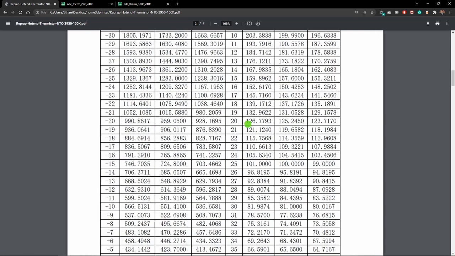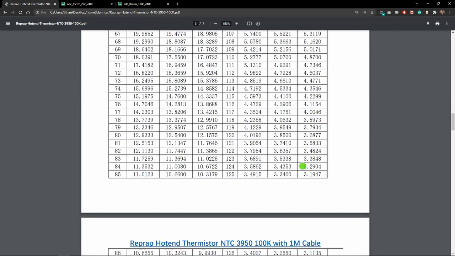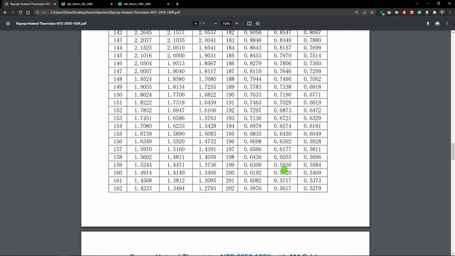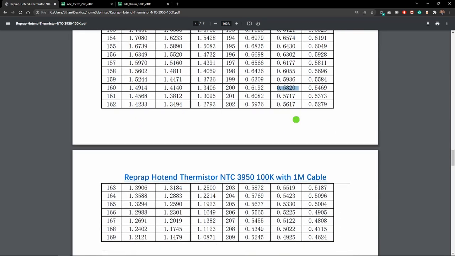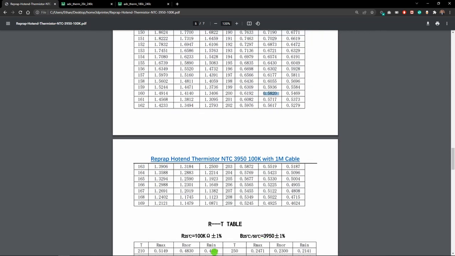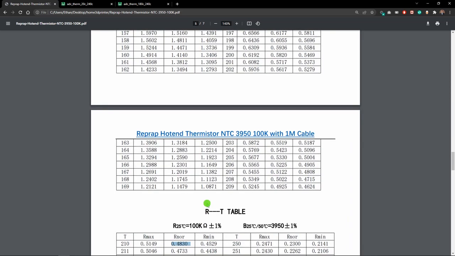So if you're going from 20 C, which is about 125, to 30 C, it actually changes by about 50 kilo ohms, which is a lot. Whereas if you go down to 200 C to 210 C, that was just a 10-degree change, it's only changing 100 ohms, from 582 to 483. So there's a big difference there.